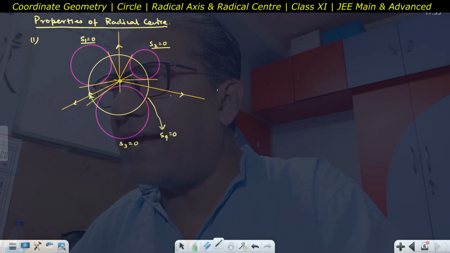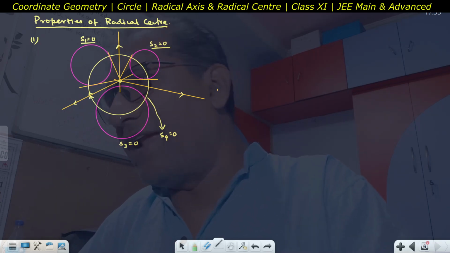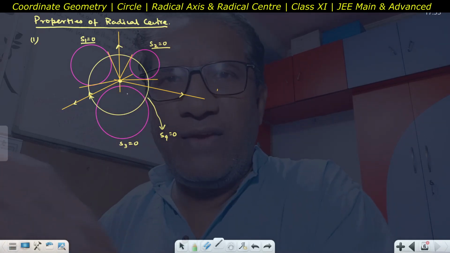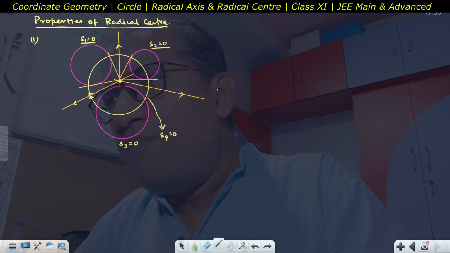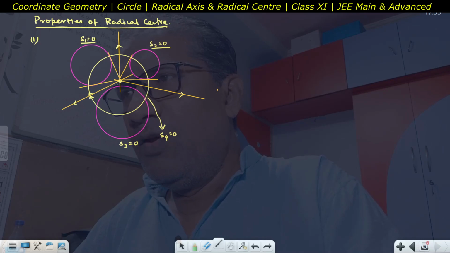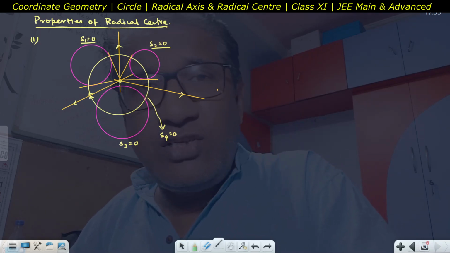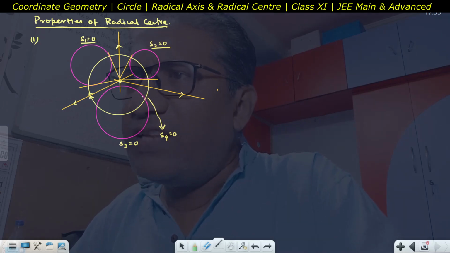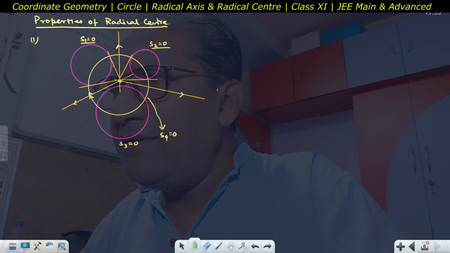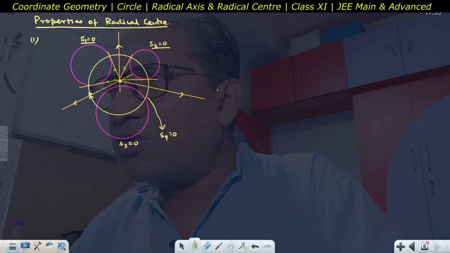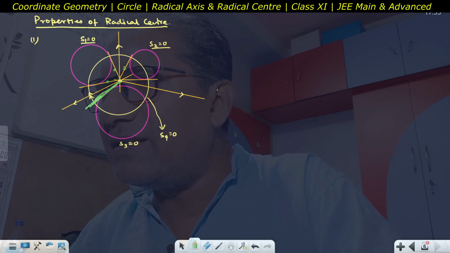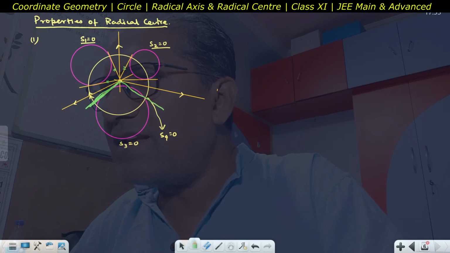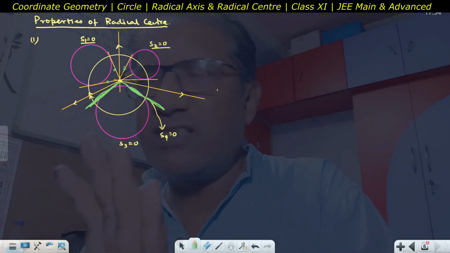We will understand that from this point, because this figure is not accurate, we are actually drawing a rough figure. Let us just assume that it is like this, and this is like this. It seems like it is cutting, but it is actually not cutting, it is a tangent.